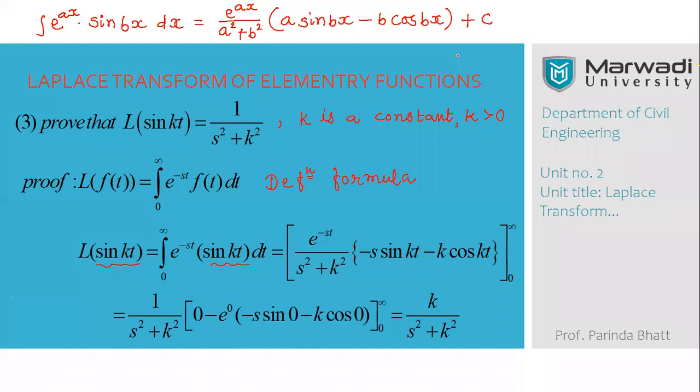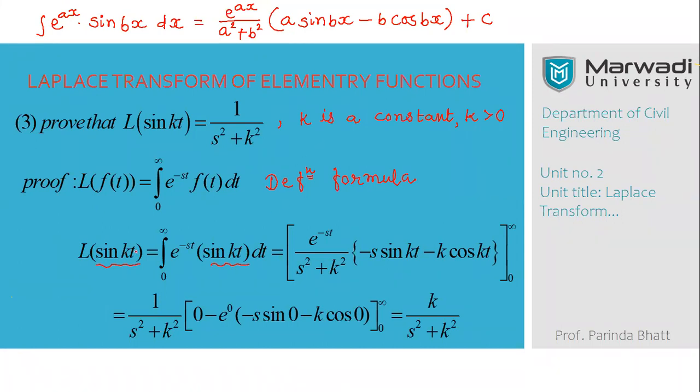Please note it down; if you forgot this formula, it is in your notebook. The integral of e raised to ax sine bx dx is equal to e raised to ax divided by a square plus b square, times a sine bx minus b cos bx, plus c. But when we apply the integration limit, there is no need to write the integration constant.